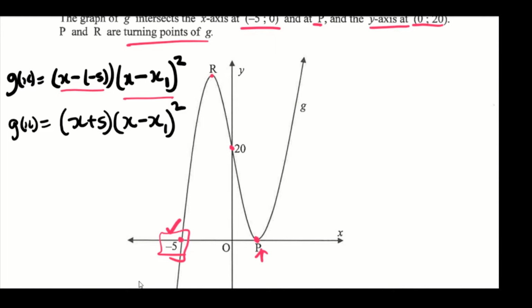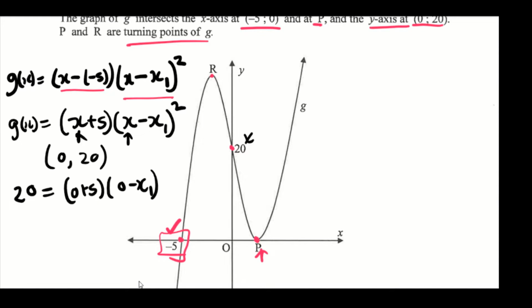So what we're going to do here is substitute this 20, so the point 0 and 20. Where g of x is, we put 20 equals, and where you see x, you just put 0. So 0 plus 5, 0 minus x1 squared. And then 20 equals 5 multiplied by x1 squared, right?